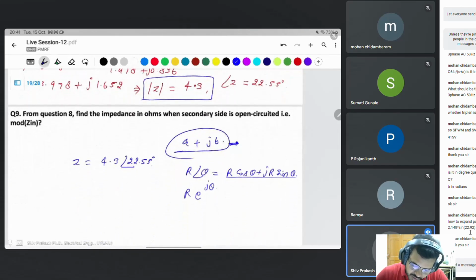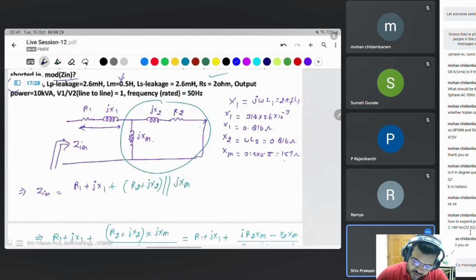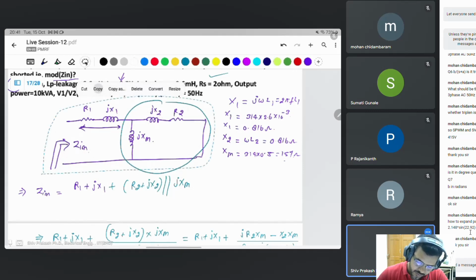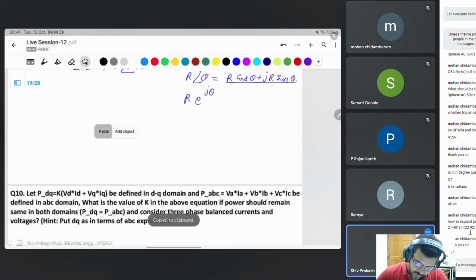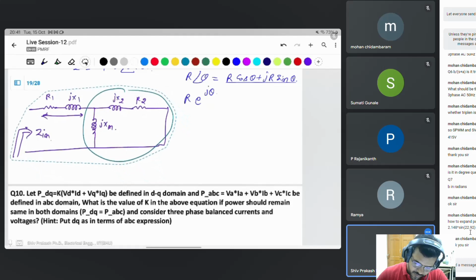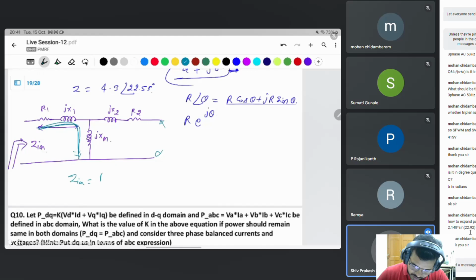Okay, in the same question, the impedance in ohms, and the secondary side is open circuit. If this is open circuit, then current is not flowing here. Then simple. These are in series connection. Then Z in is equal to R1 plus j X1 plus j XM.